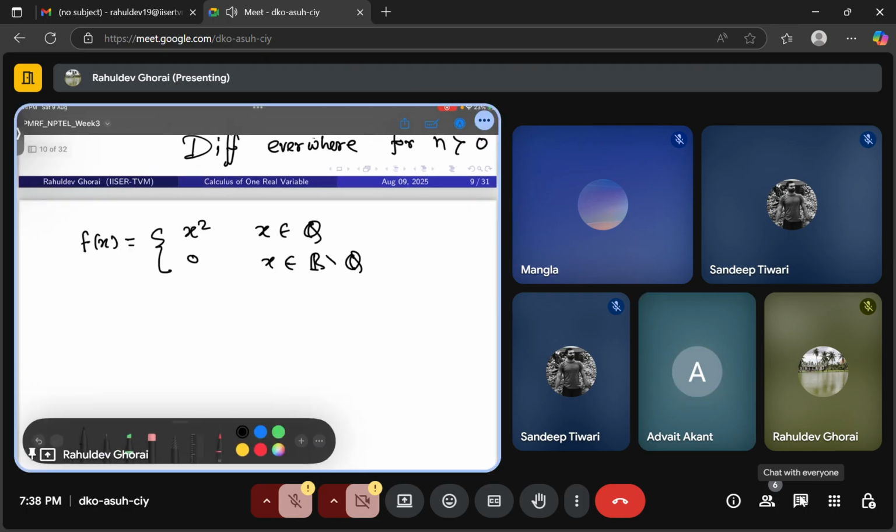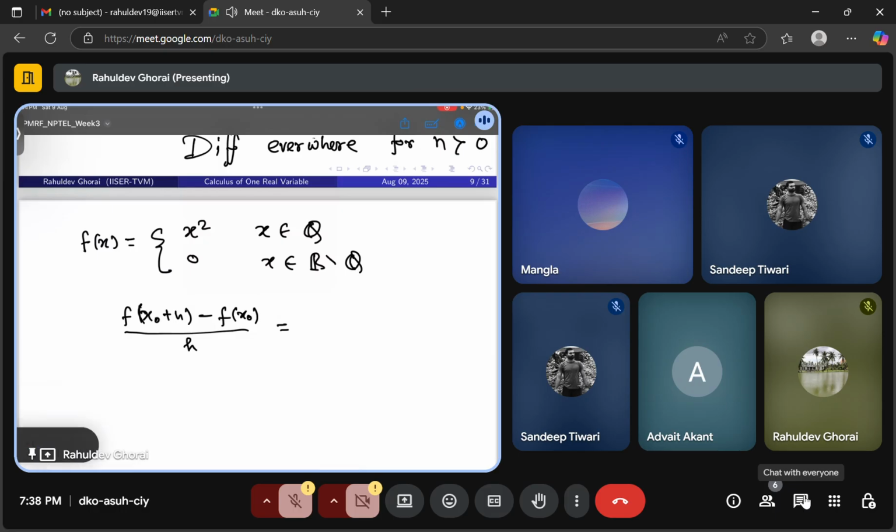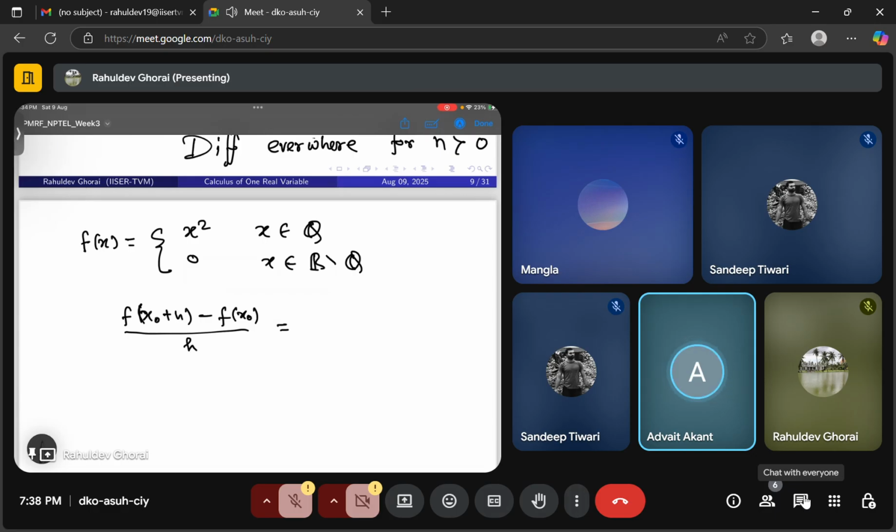So that is x naught, f of x naught plus h. You are mainly evaluating this quantity, right? Yes. Then tell, please, go ahead. That will be f of h minus f of 0 by h.